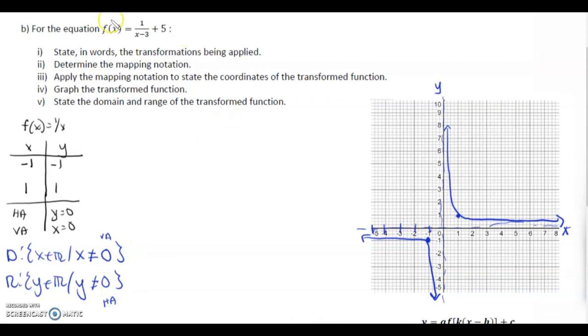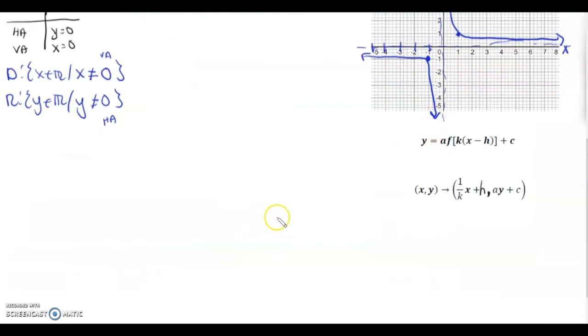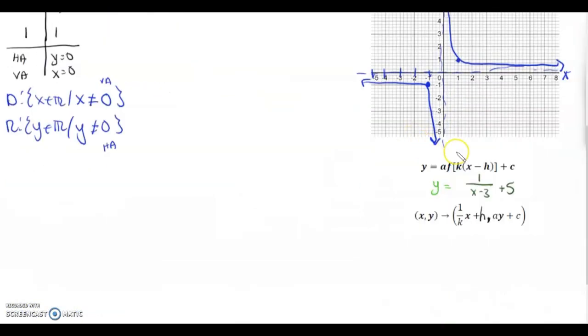Okay, so now let's go ahead and write this down here. 1 over x minus 3, plus 5. Oh, this is a little bit more complicated. Let's get deeper. Okay, here we go.